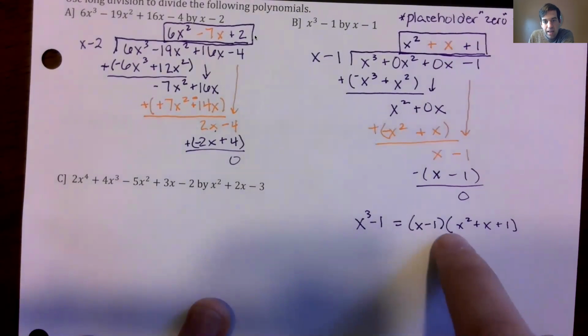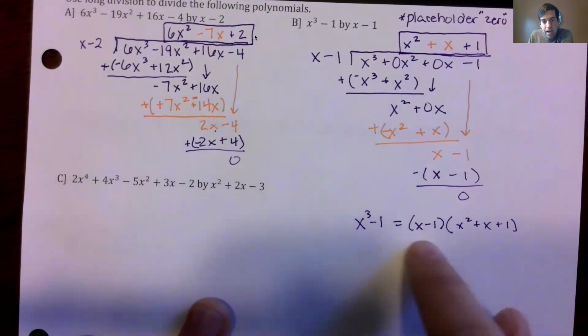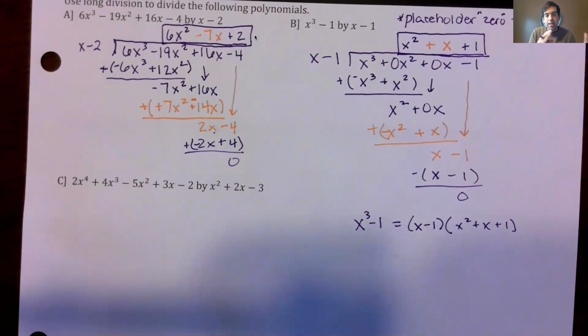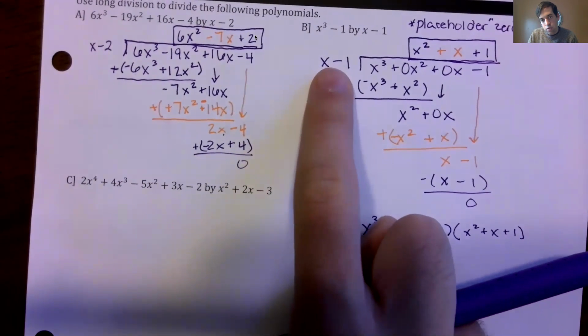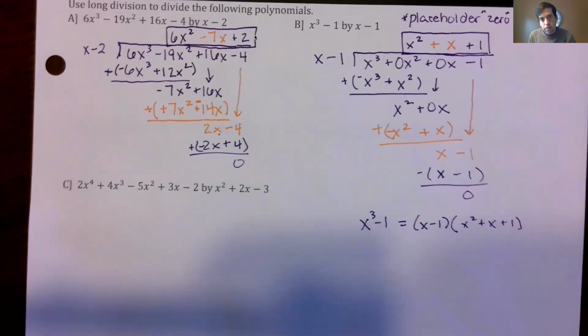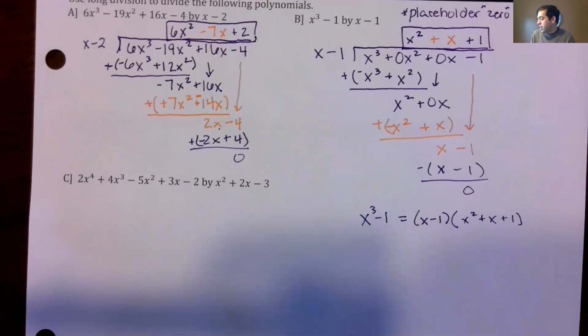So that means that the x squared plus x plus 1 times x minus 1 must be the original x cubed minus 1, right? That's like saying that division is the opposite of multiplication. So by dividing x minus 1 out, we factored it out and we're left with this. Okay? That's going to become something that you're going to need to be able to use on the worksheet for this. But let's move into letter C.